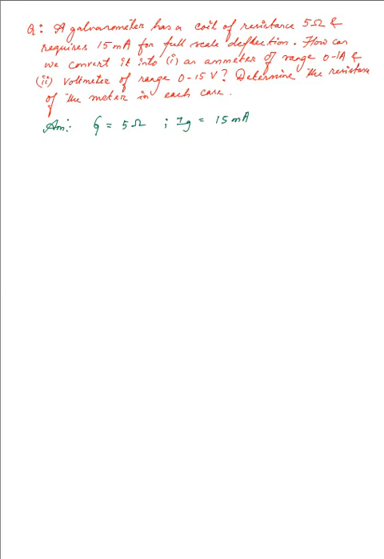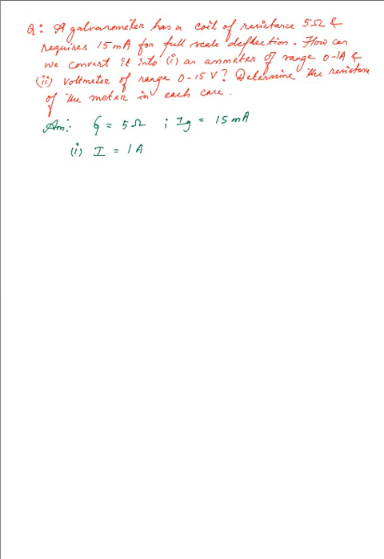Also, we seek to obtain, in the first case, the value of I from 0 to I scale, that is, the range of the ammeter is 1 ampere in this case. So we wish to obtain the shunt resistance.